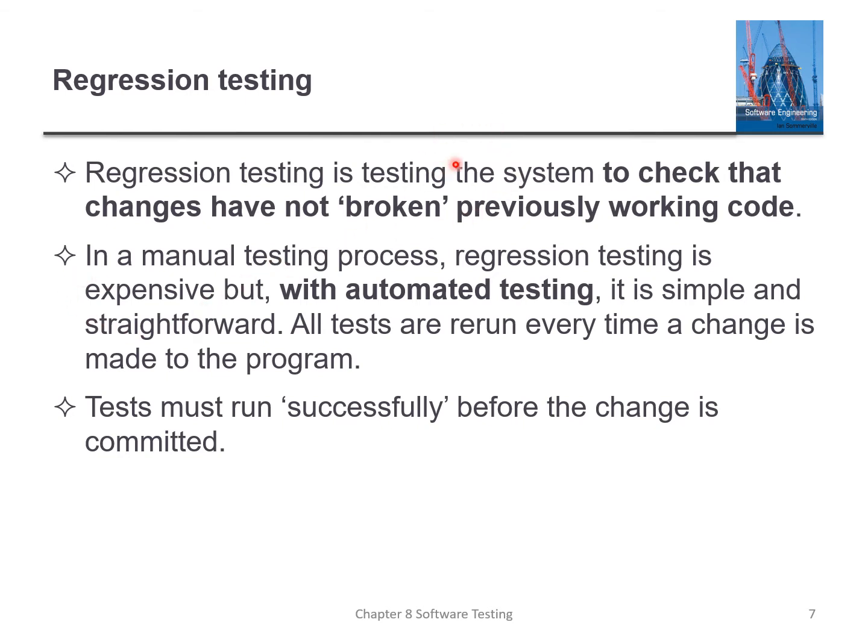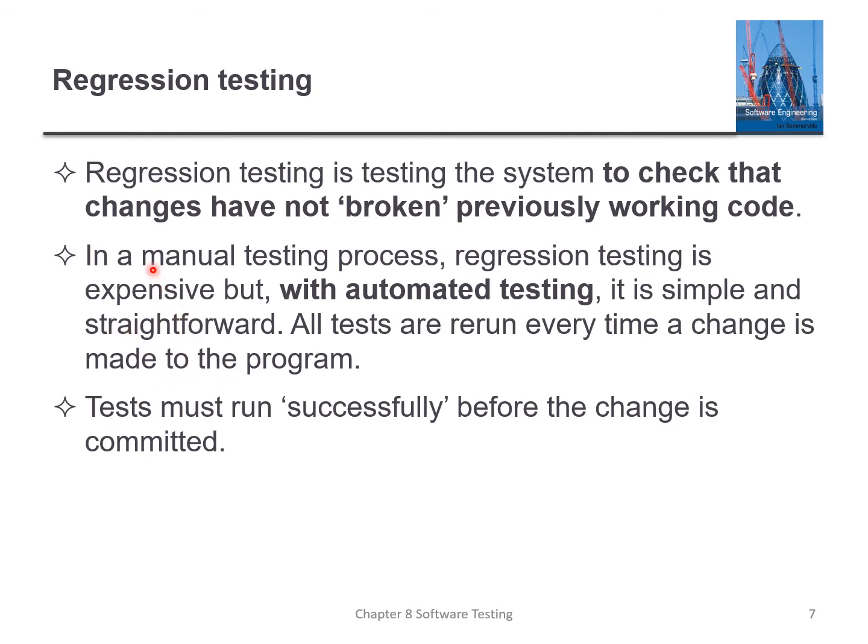Okay, so normally this is done using automated testing, because you need to do it again and again and again, right? If you do it manually, it will take you some time. So that's why most of the time when we do regression testing, we are using automated testing. Remember, I've mentioned JUnit just now.